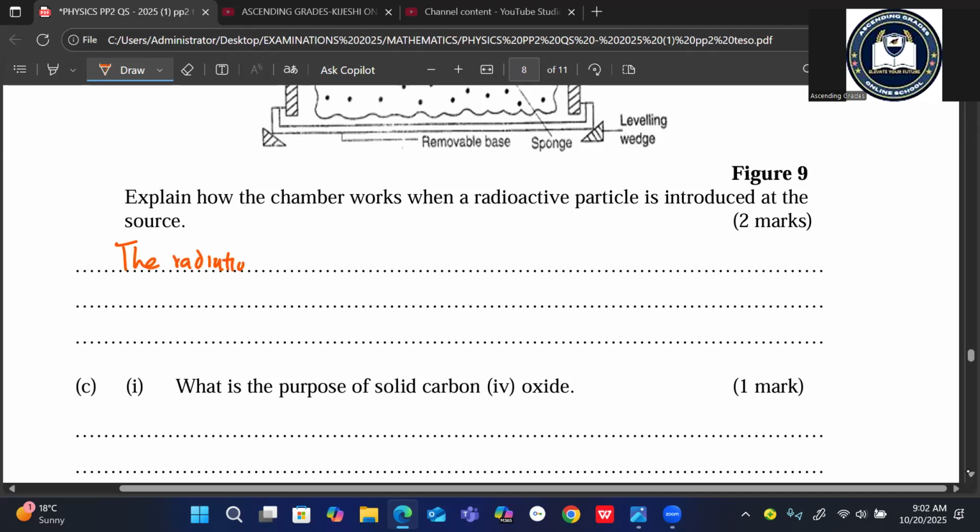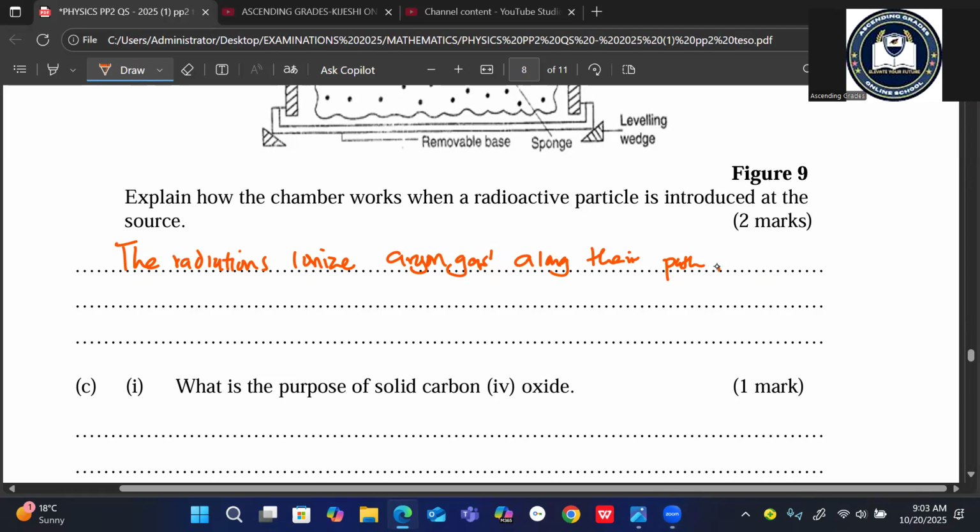The radiations ionize argon gas along their path.